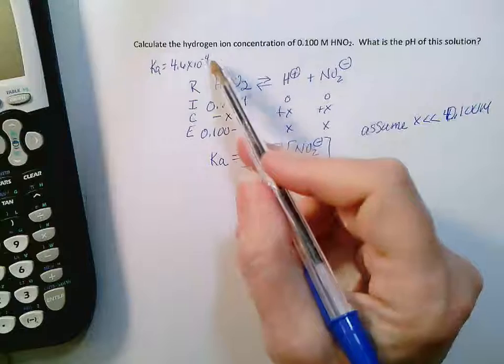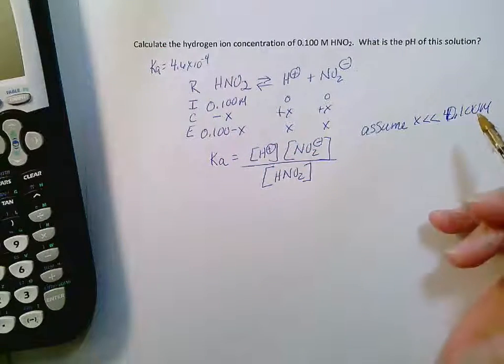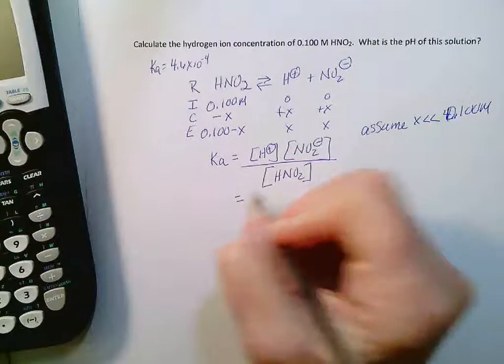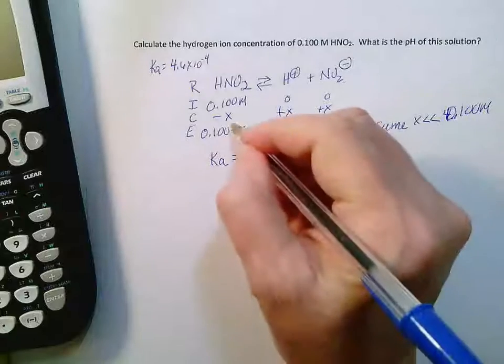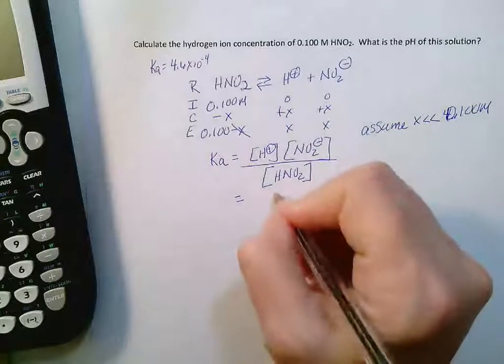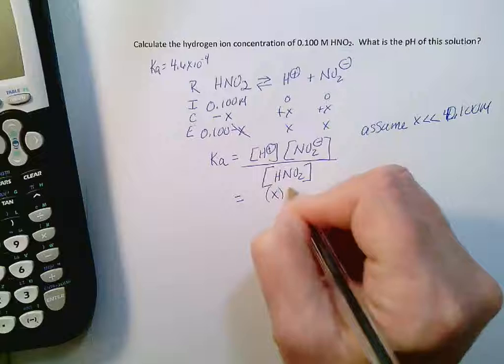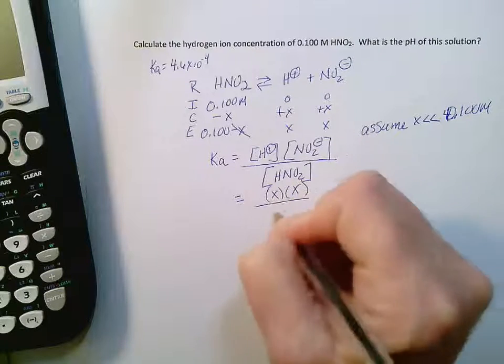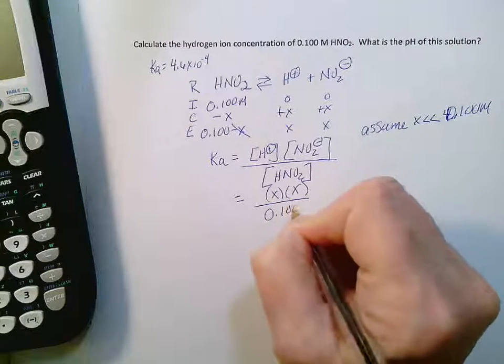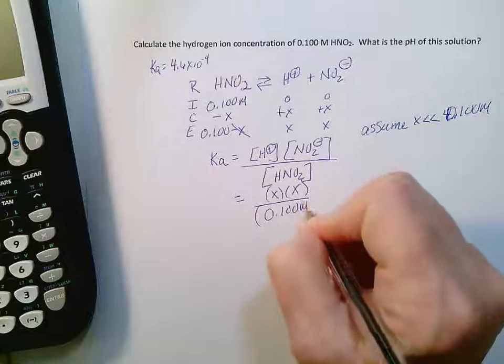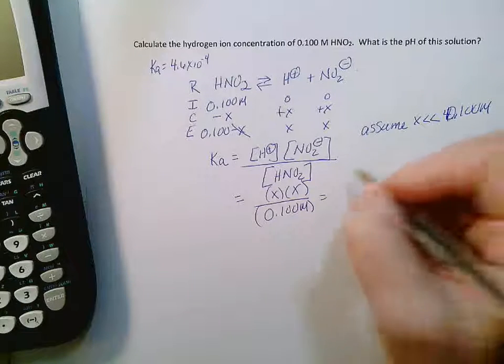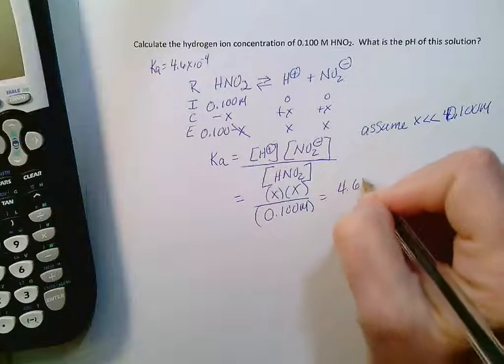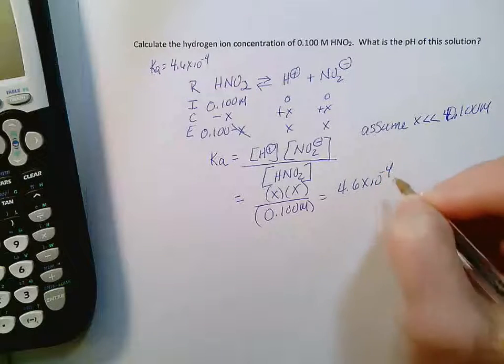And that's based on this exponent here. So I can then delete my minus X, so it would be X times X divided by 0.100 molar would equal 4.6 times 10 to the negative fourth.